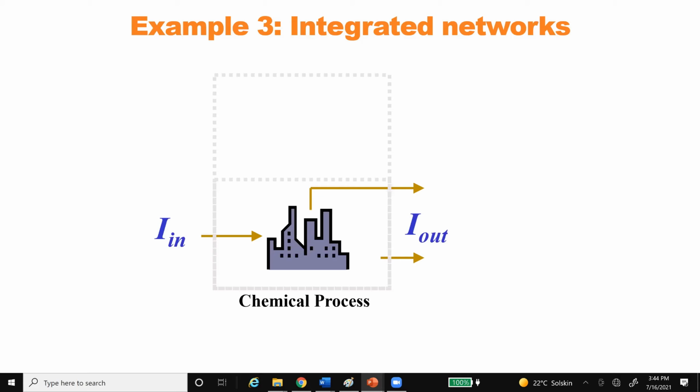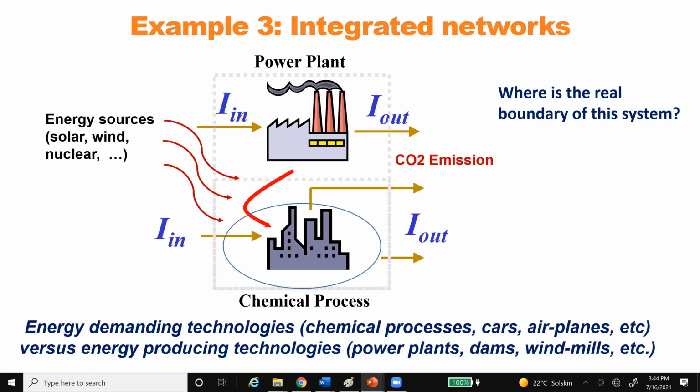And also, if we have a power plant supplying the energy that is required by the process, that power plant will also be releasing CO2. So we have a direct CO2 emission and an indirect CO2 emission. And so the question is, where is the real boundary of the system? We have to always be careful that we take into account both the direct and the indirect.